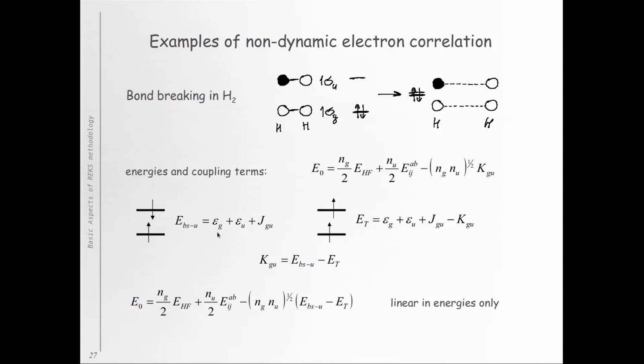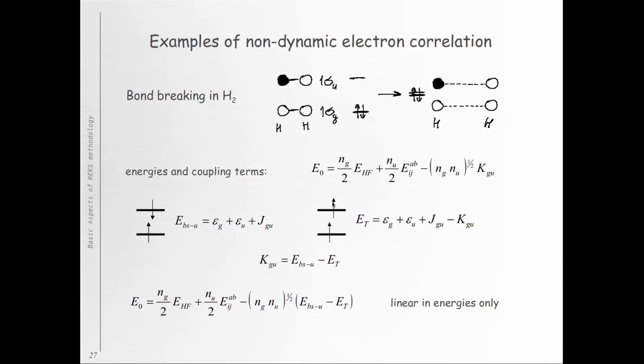I'll explain. According to the Slater rules, I will have, let's say, the energy of the orbital 1 sigma g, plus the energy of orbital 1 sigma u, plus the Coulomb repulsion between the two electrons. Because both electrons have opposite spins, there is no exchange contribution. The exchange integral here is missing.